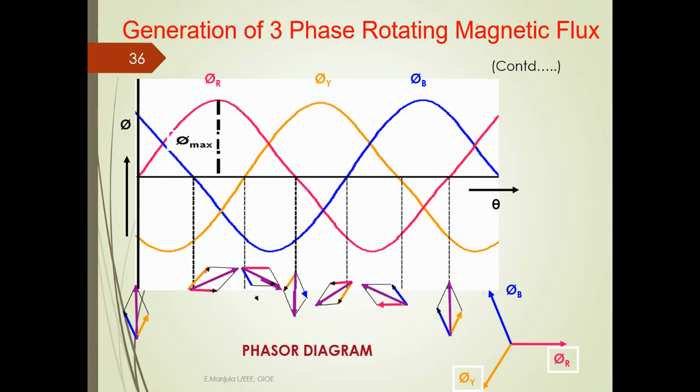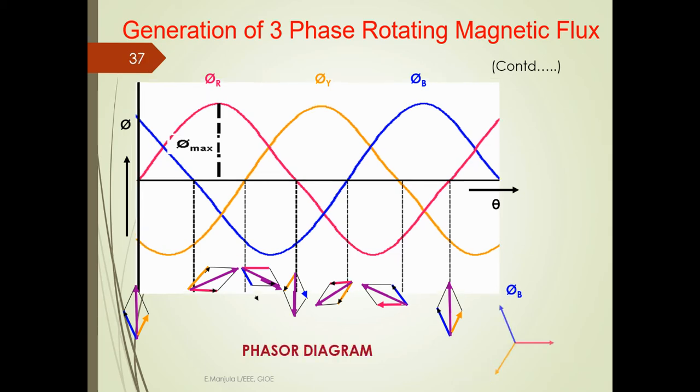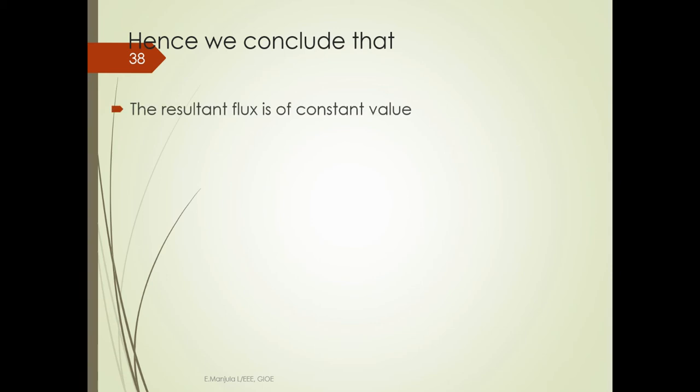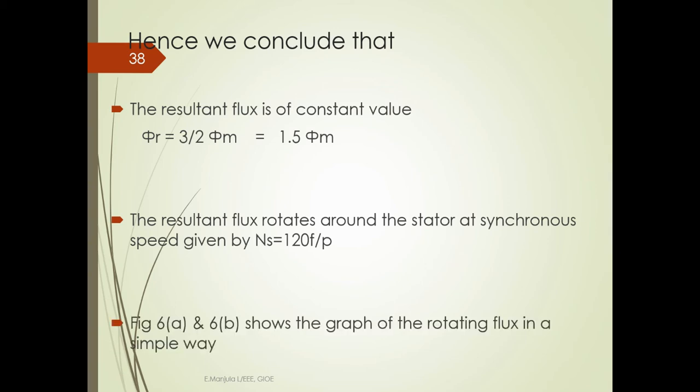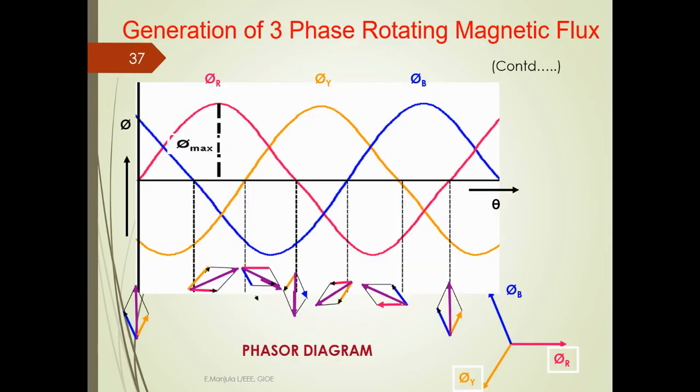So here if we observe, the resultant flux direction also has been given. So this is a resultant flux direction, and this is a resultant flux direction. So what's happening?